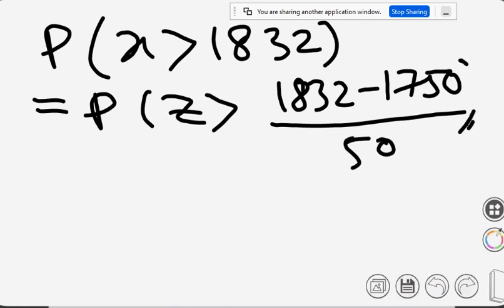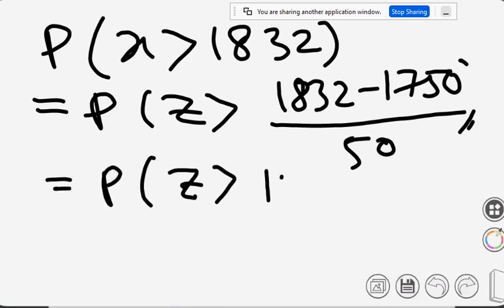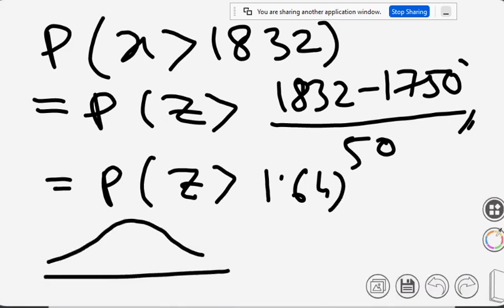So you have to find out the area beyond 1.64. This is the required area.